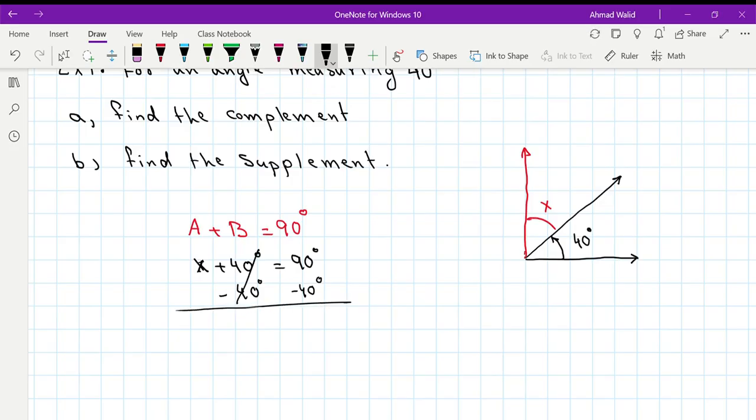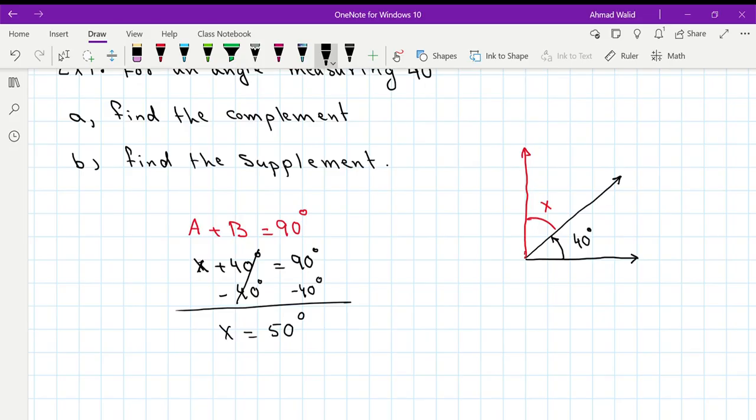Then you can say X is equal to 50 degrees. Correct? It means the complement of 40 degrees is 50 degrees. I know you will tell me, Professor, even by looking at the problem we can answer, hey, it's 50. Why are you doing this? But soon you will see in the next example, sometimes you need to create your equation to avoid mistakes.